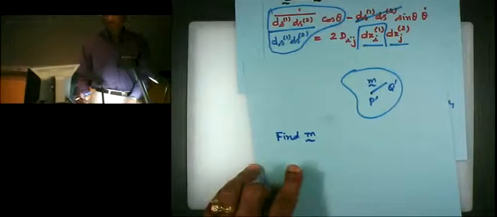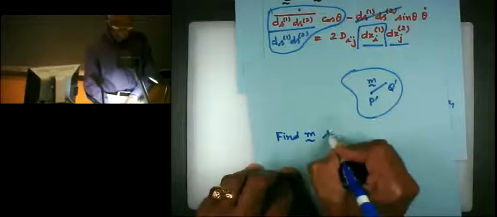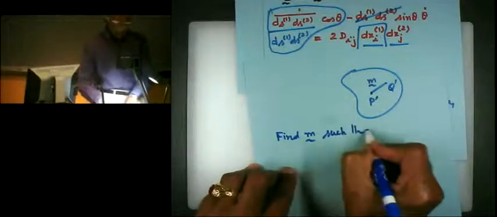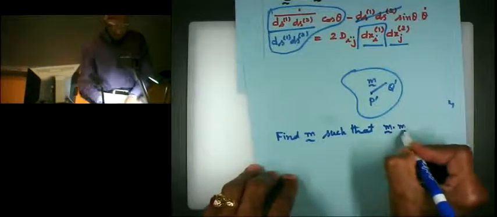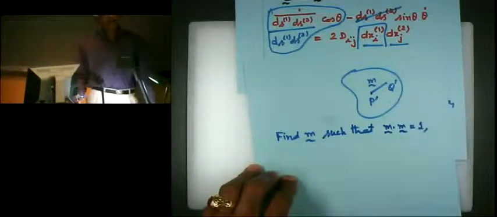Find M passing through P prime, of course, such that first M has to be a unit vector. So that will give us the direction.